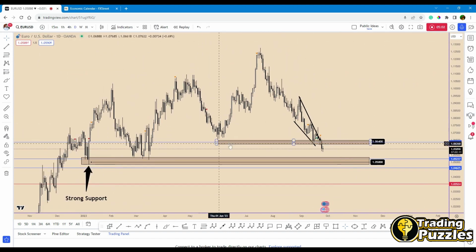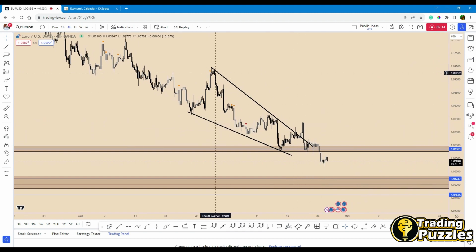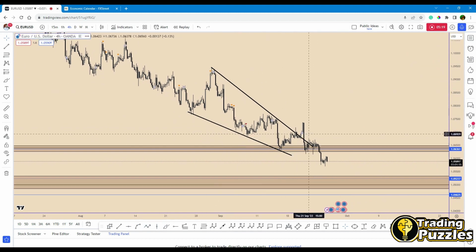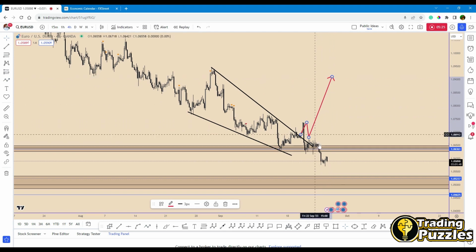Considering that the wedge was created in the support area, and it was also a weekly support area, very strong, very important, the chances were very high for a possible increase after the breakout that happened at this moment. So this was a beautiful bullish scenario for a possible bullish movement.